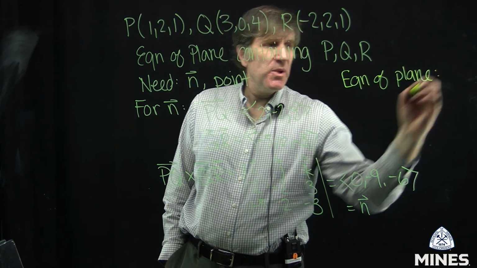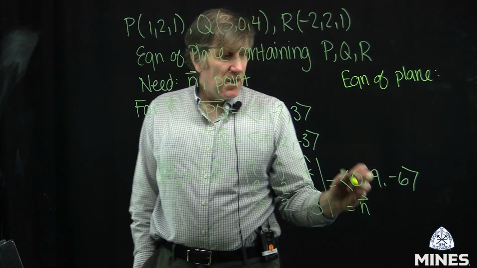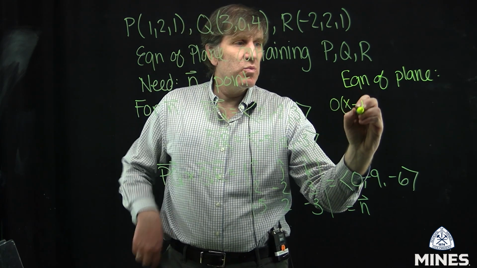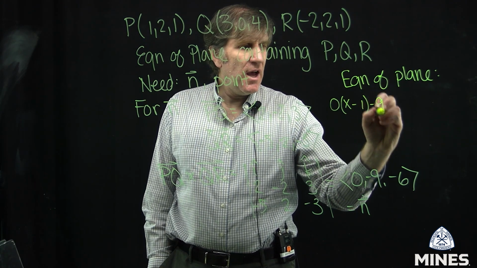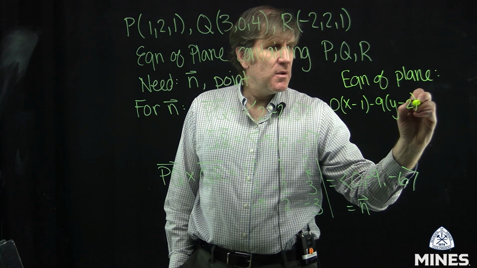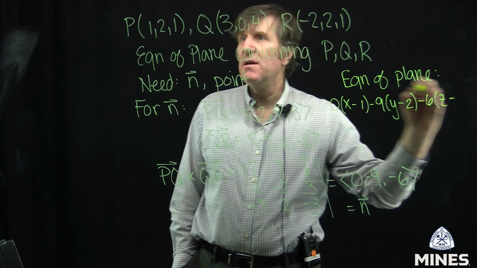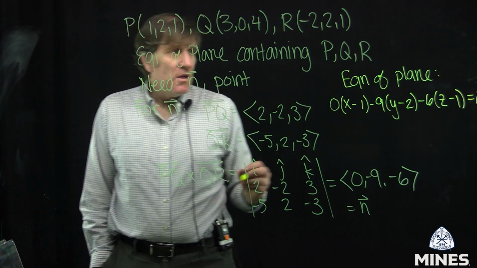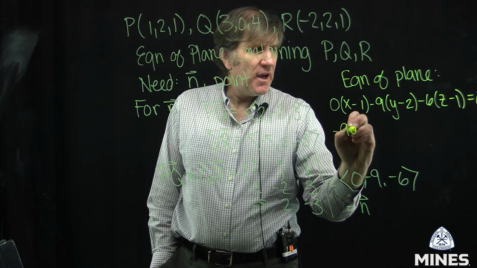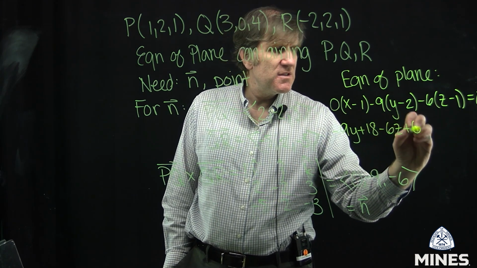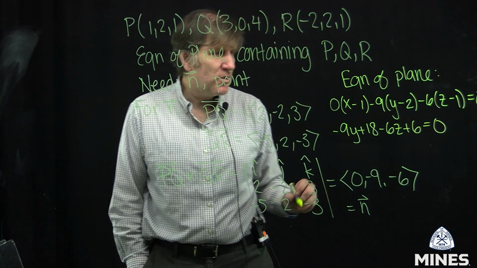The equation of the plane is going to be 0 times (x minus 1) minus 9 times (y minus 2) minus 6 times (z minus 1) equals 0. This is negative 9y plus 18 minus 6z plus 6 equals 0.